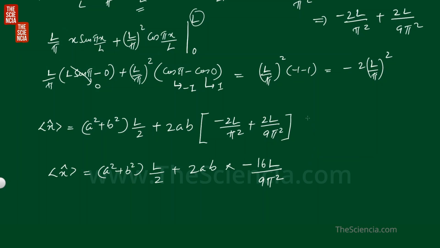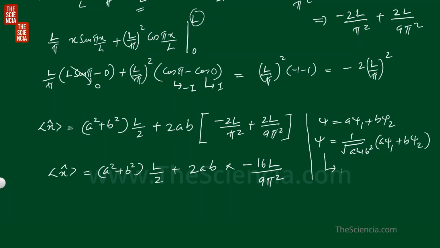Here the given wave function, that is ψ equal to aψ1 plus bψ2, is not a normalized wave function. When we normalize this wave function, we will get the normalized wave function ψ equal to 1 by root of (a squared plus b squared) into (aψ1 plus bψ2). So when we find ρ, we will get a term 1/(a squared plus b squared).